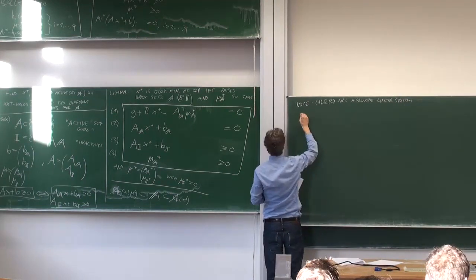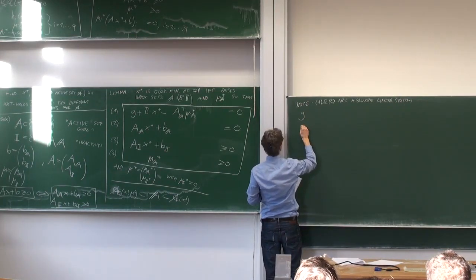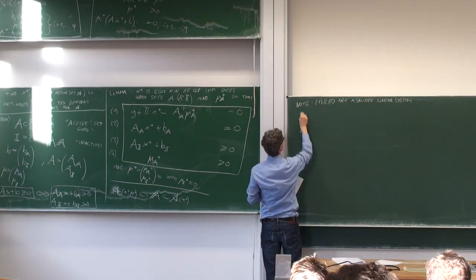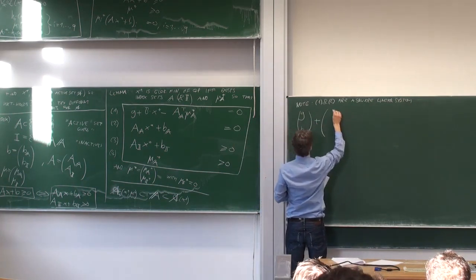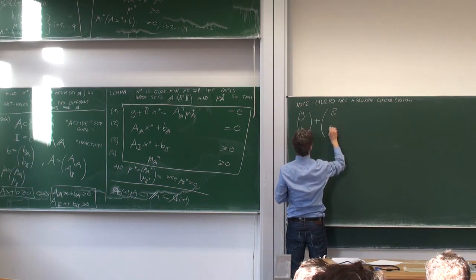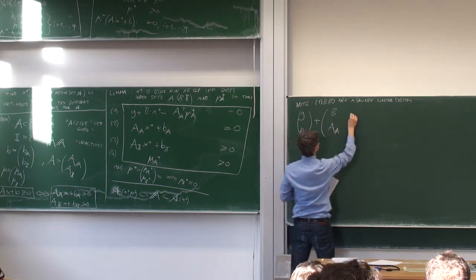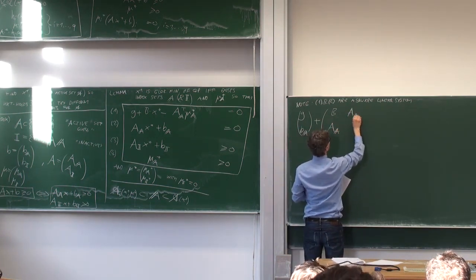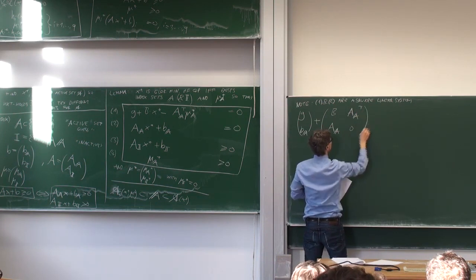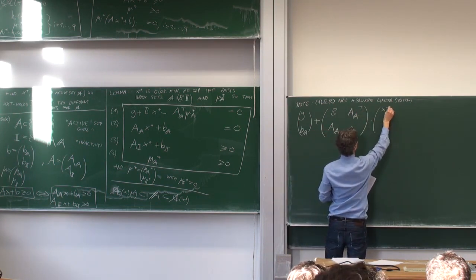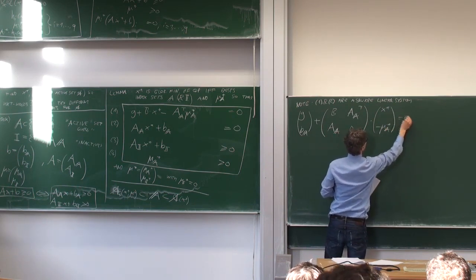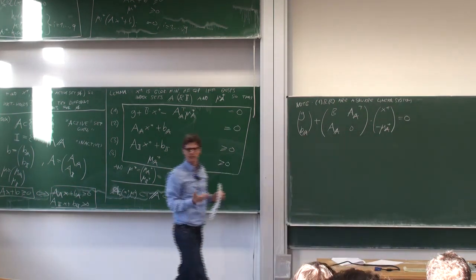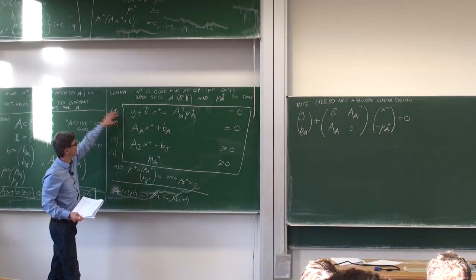What is the system? Here is G, here is A, here is A transpose, here is a 0, and here are the variables X star and minus mu A star, and that should be equal to 0. So that is equivalent to 1 and 2.